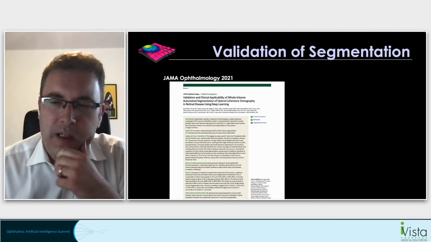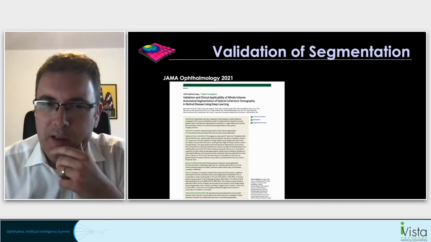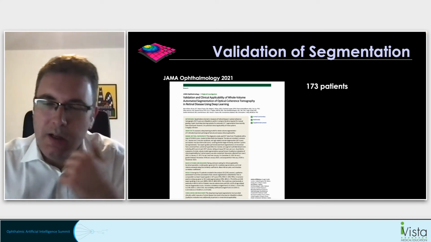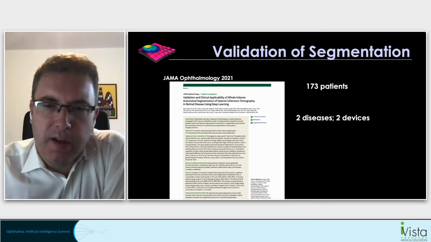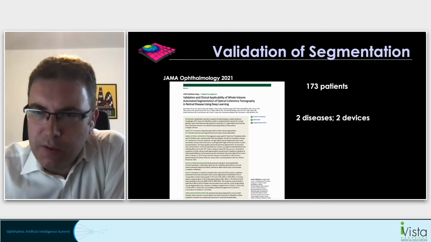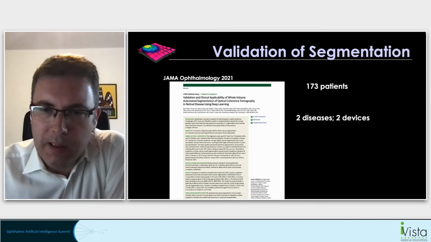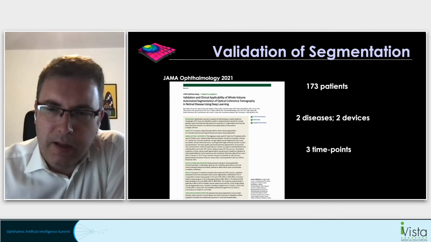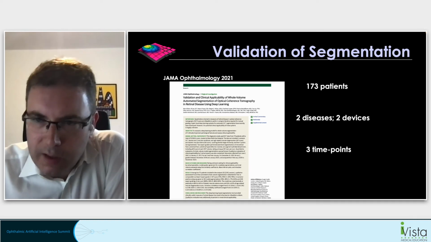And so in the middle of last year, we published an article in JAMA Ophthalmology where we got about 173 patients with 2 different diseases, wet AMD and diabetic macular edema, and 2 different devices. And we took data from 3 different time points.